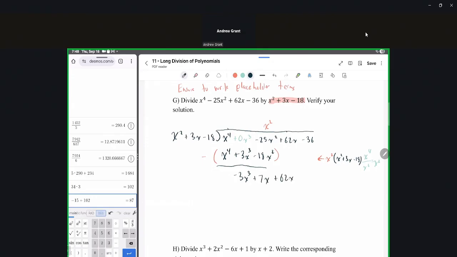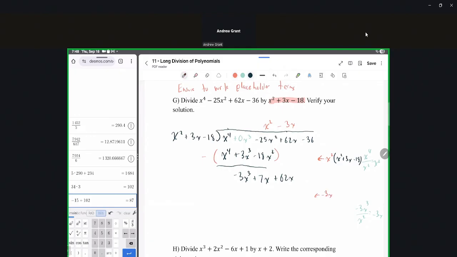And so then we ask ourselves the question, how many times does x squared go into negative 3x cubed? And the answer is negative 3x times. So we're going to write minus 3x on this line.